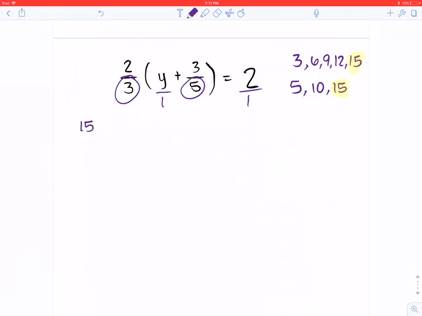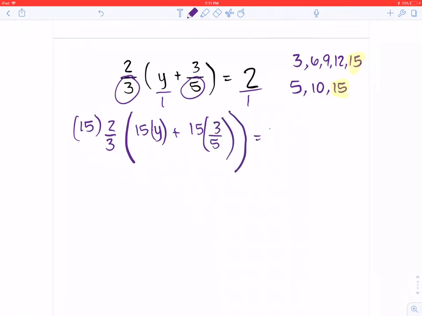So I have 15 times 2/3, parentheses, 15 times y, remember it has to be multiplied by everything, plus 15 times 3/5, parentheses, equals 15 times 2. All right, 15's over 1.